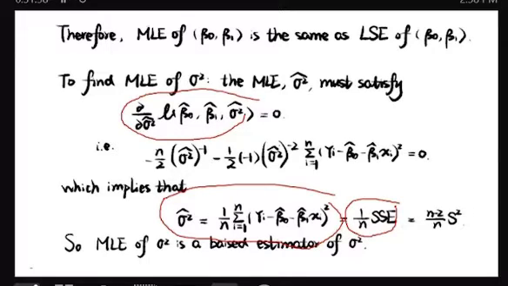It was sum of square error divided by n minus 2. We were able to prove that that is an unbiased estimate of the variance.